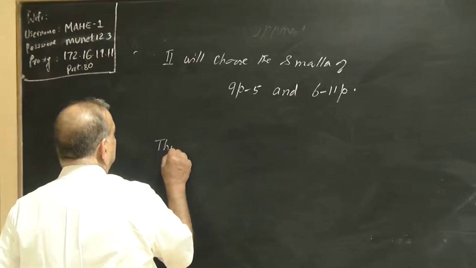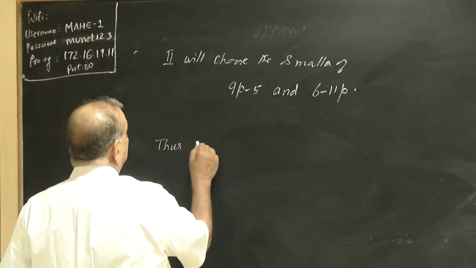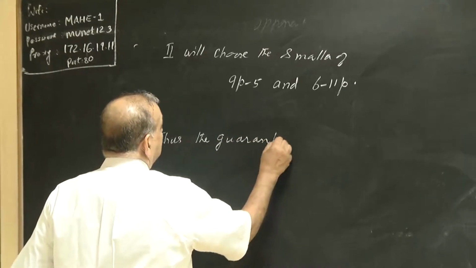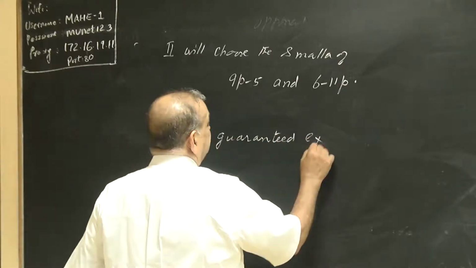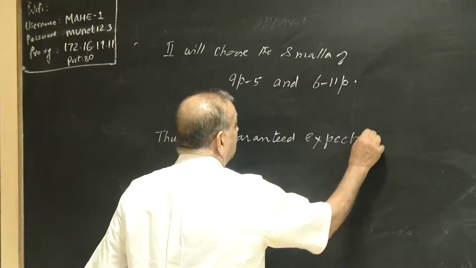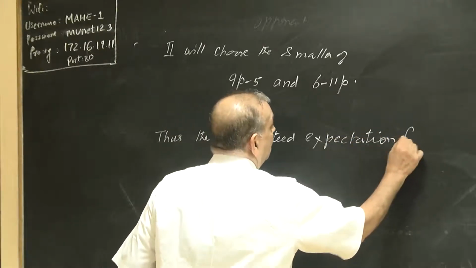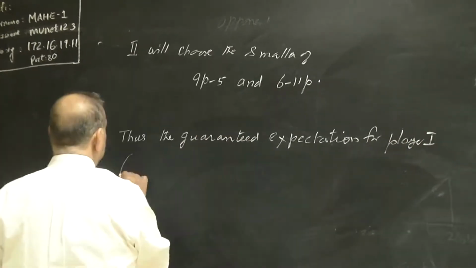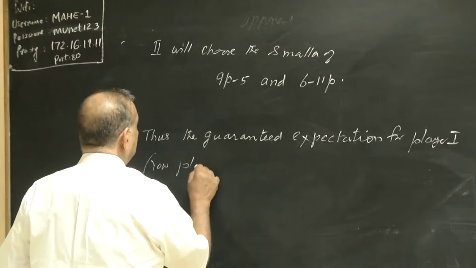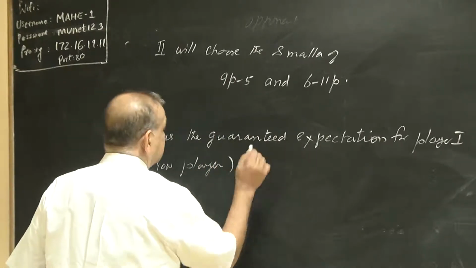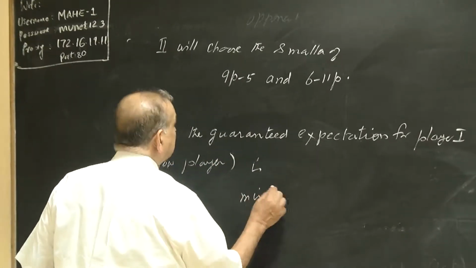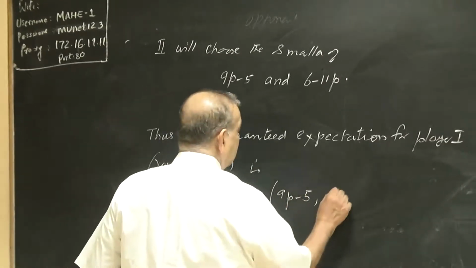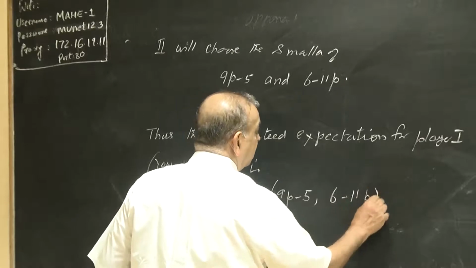Thus, the guaranteed expectation for player 1, namely the row player, is the minimum of these two numbers, 9P minus 5, 6 minus 11P.